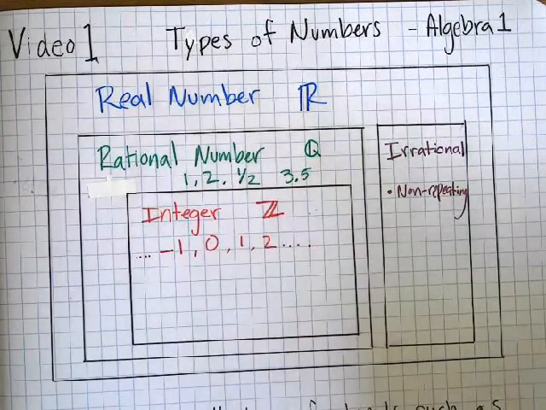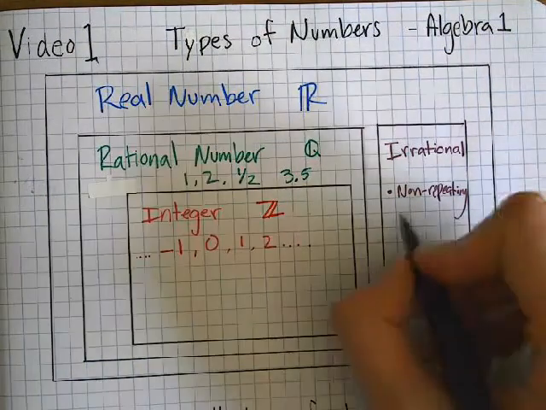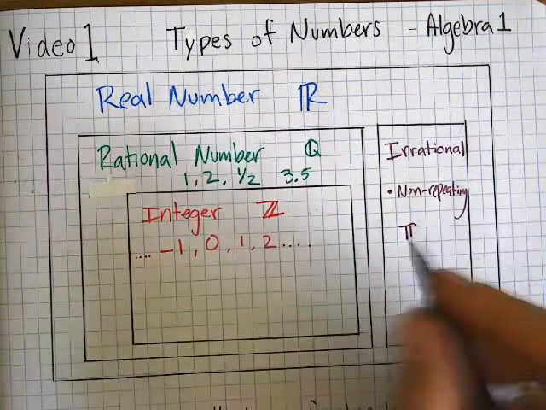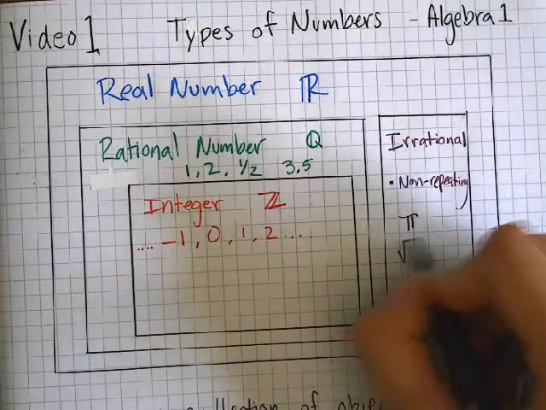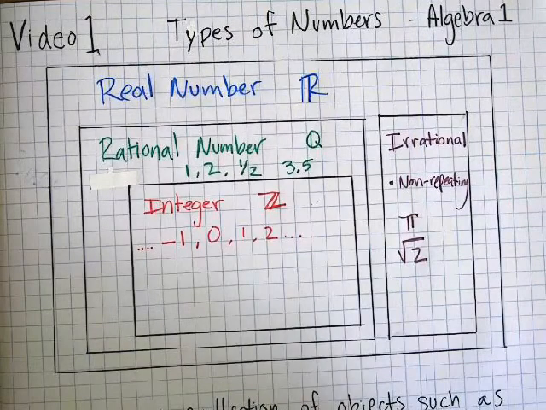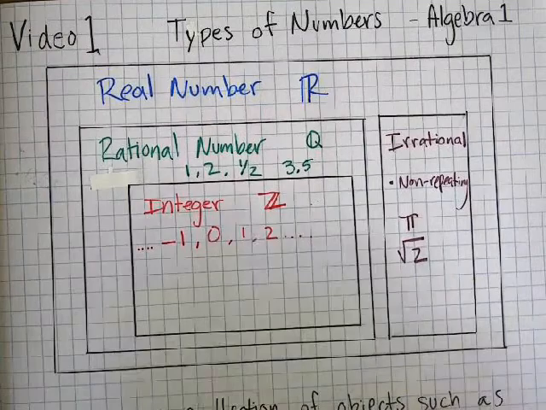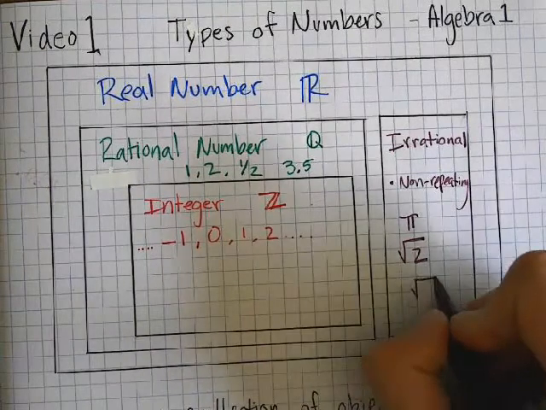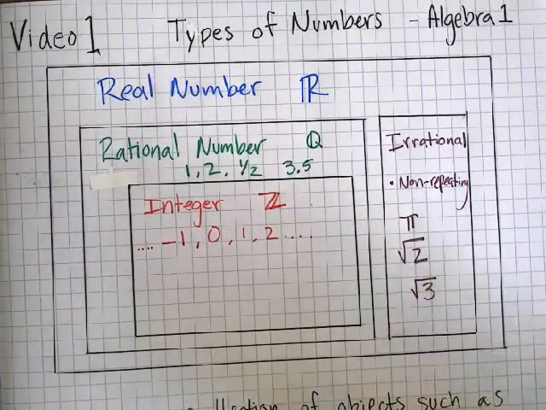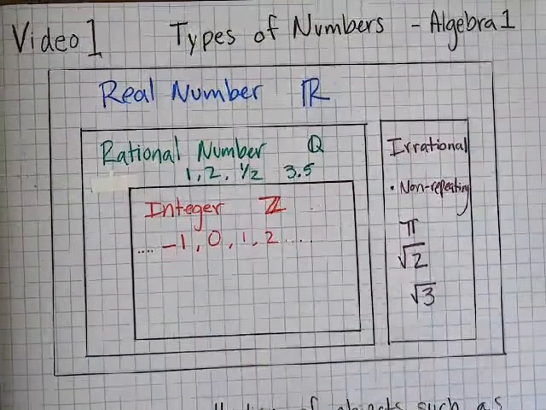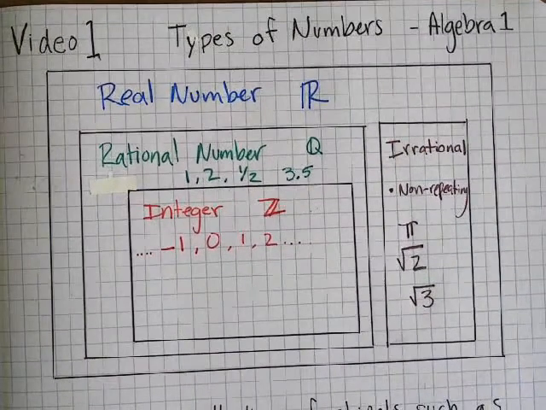So probably the most common irrational number would be pi. Okay, another one would be the square root of 2. Okay, if you were to type that into your calculator, you just get numbers that would go on forever and ever. Okay, maybe the square root of 3. Okay, so those are just the basics of types of numbers.